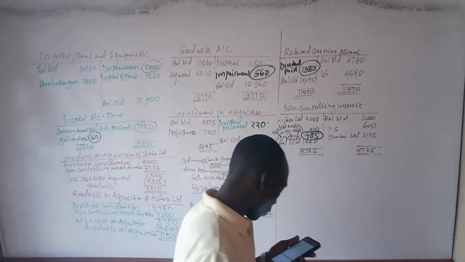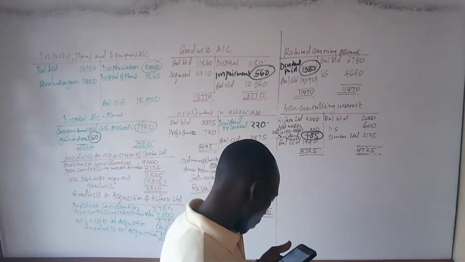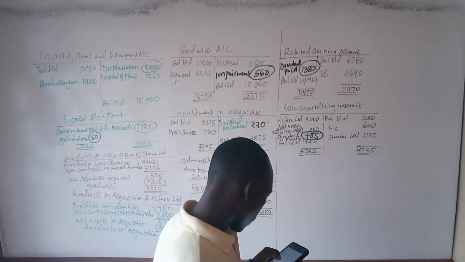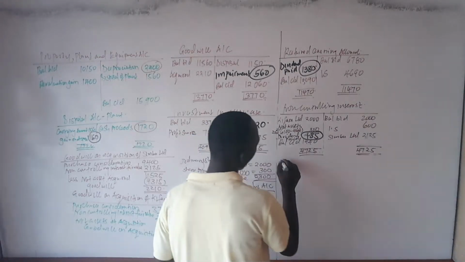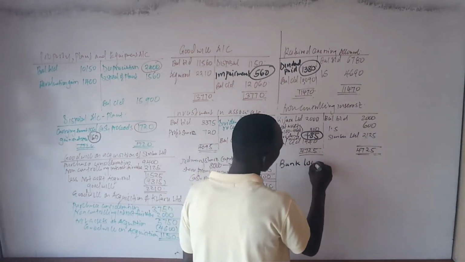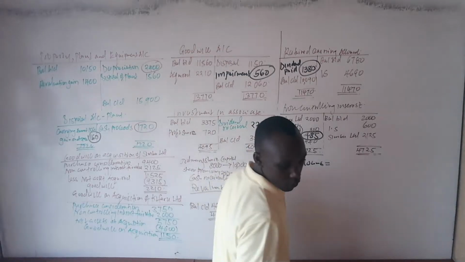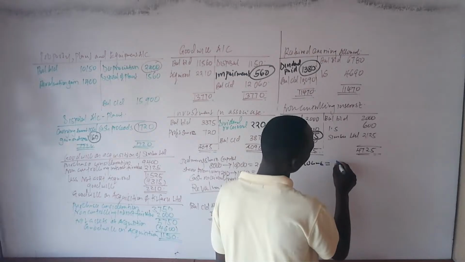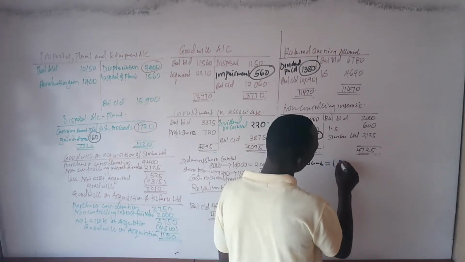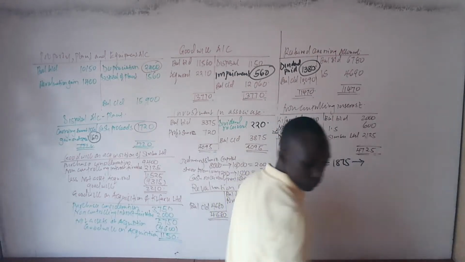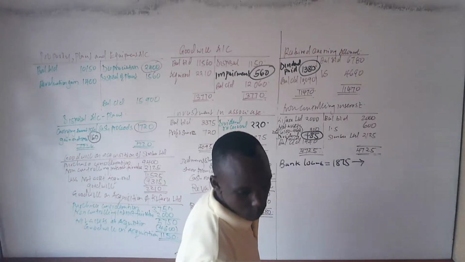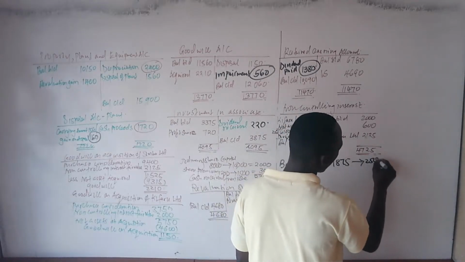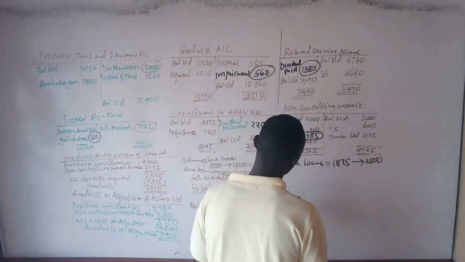Where is the bank loan? On current liabilities. So those are narration. So therefore, we talk about bank loans. The bank loan changed from 1875 to 2500, meaning there is an increase.